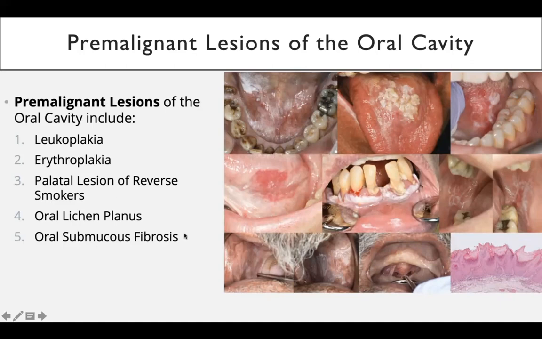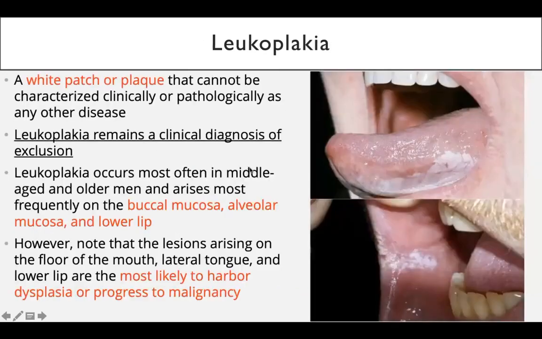These are all premalignant lesions. If not taken care of, if not treated, they can over time change into a malignancy of the oral cavity. The first one, leukoplakia. Leuko means white, a white patch or plaque that cannot be characterized clinically or pathologically as any other disease.